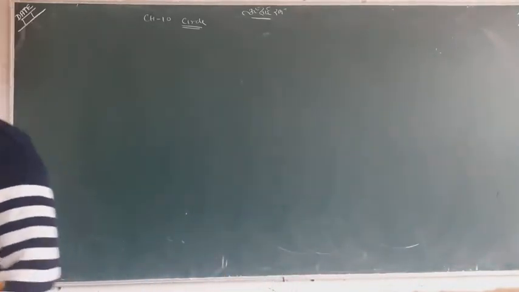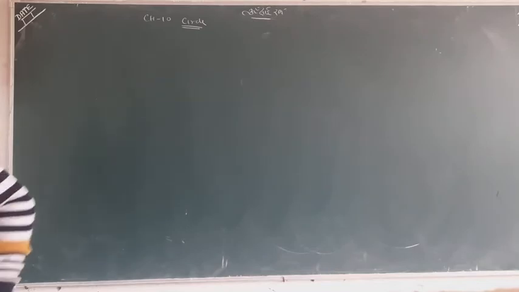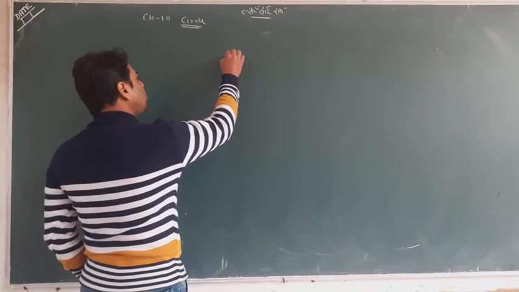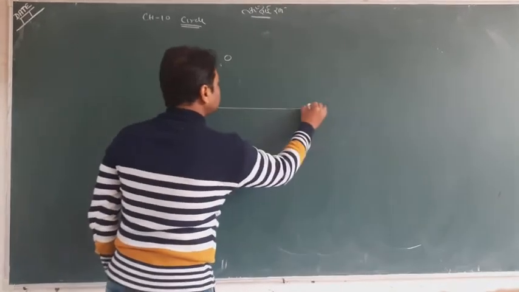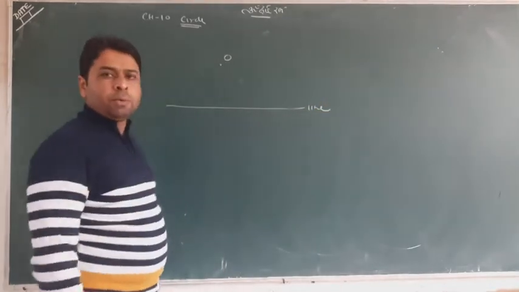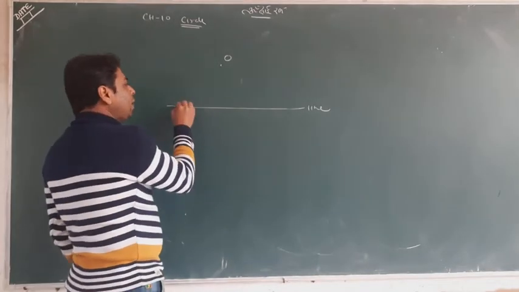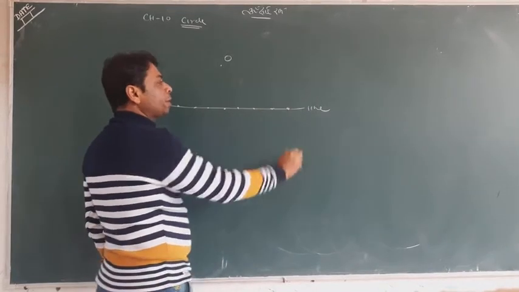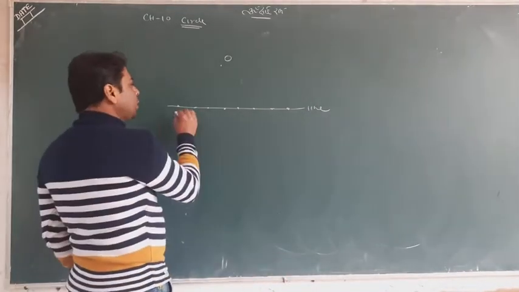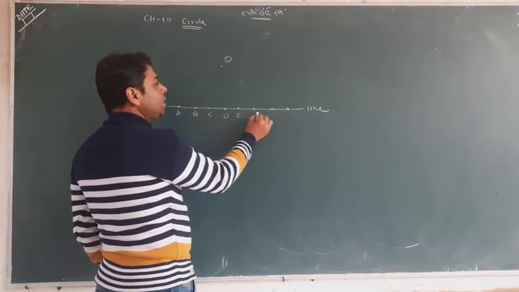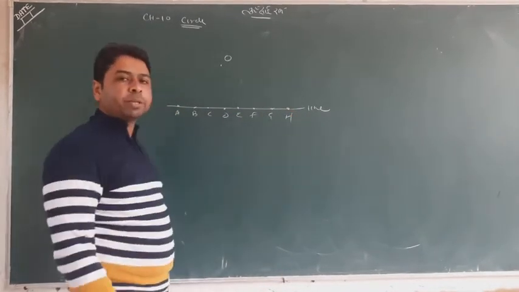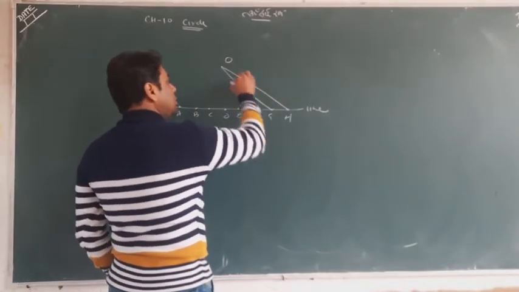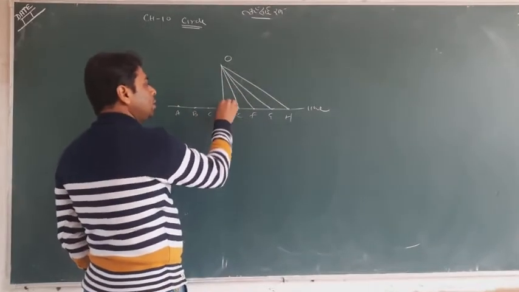One more thing I want to discuss before starting theorem 10.1. Suppose there is a point O, and suppose there is a line. We know that on the line we have infinite points. Some points I am taking: A, B, C, D, E, F, G, H. Will you join these?